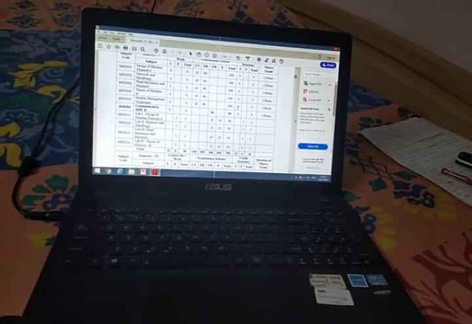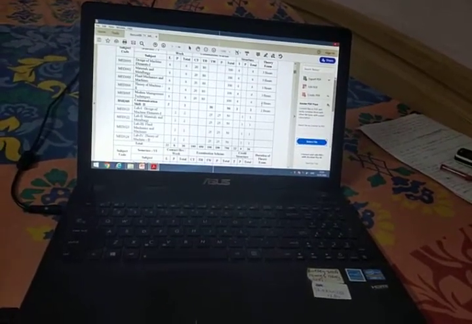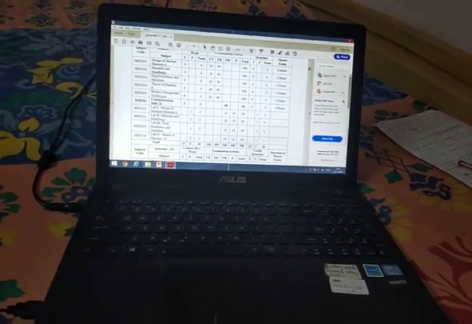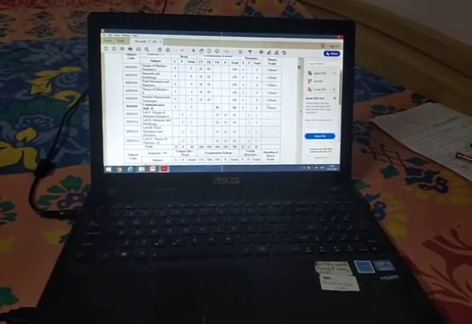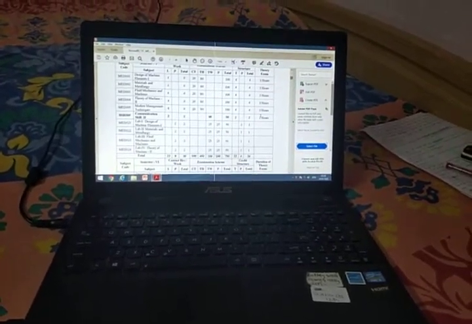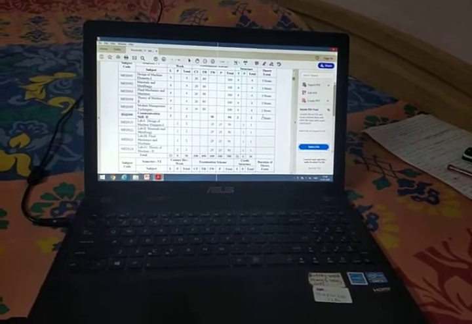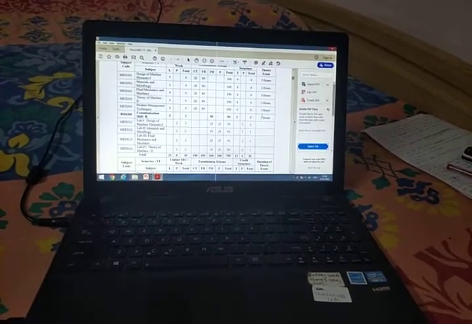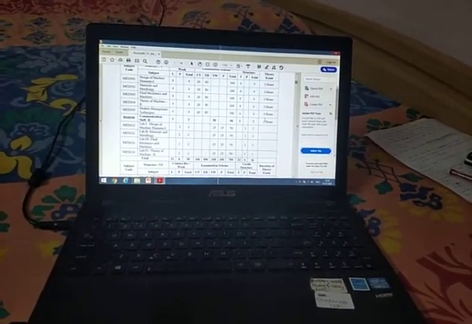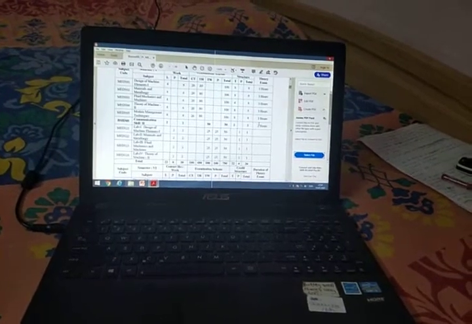Only theory is there. The exam is 3 hours. Totally theoretical means it is easier to clear the subject, but it is difficult to score, because it is purely theoretical.